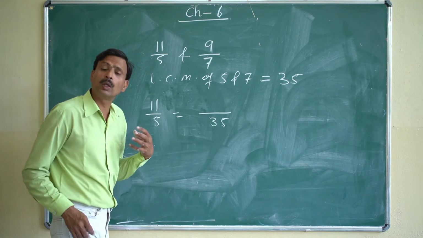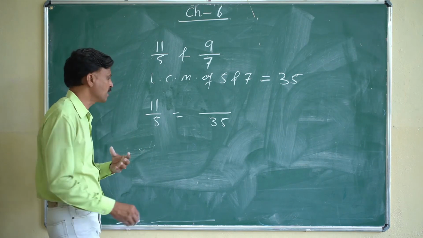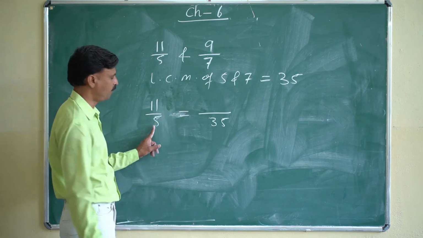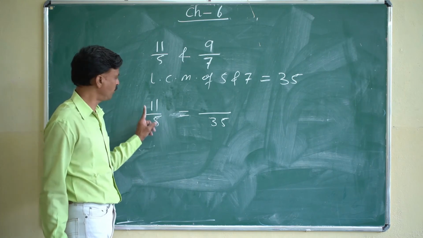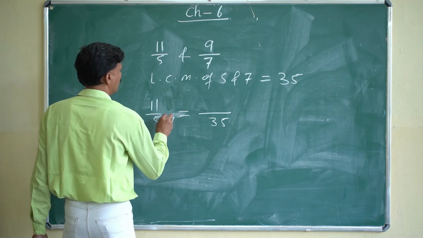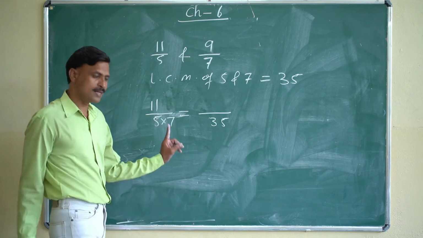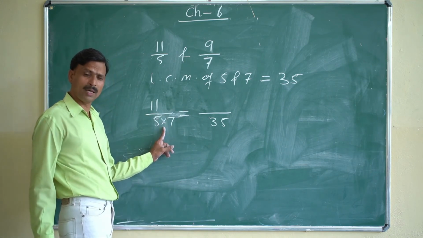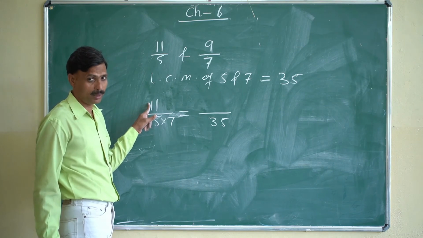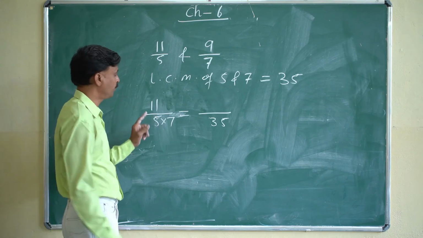We have to go through the process. If you want to write 35 instead of 5 as the denominator of this fraction, you have to multiply by which number? By 7. And since you have multiplied the denominator by 7, the numerator must also be multiplied by the same number. Otherwise, everything becomes 0.